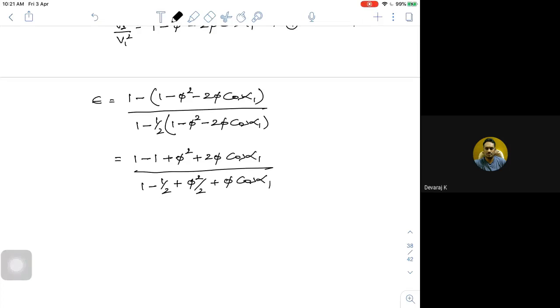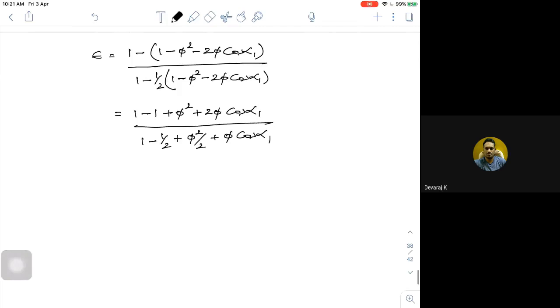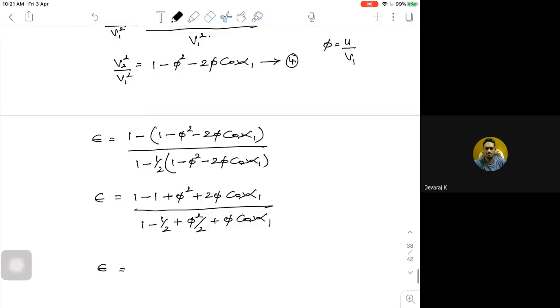The same expression, further simplification, because already we got the expression. 1 plus 1 minus 1 will go off. I am left with phi square. We made a mistake here.